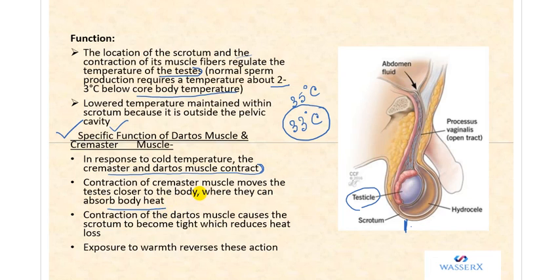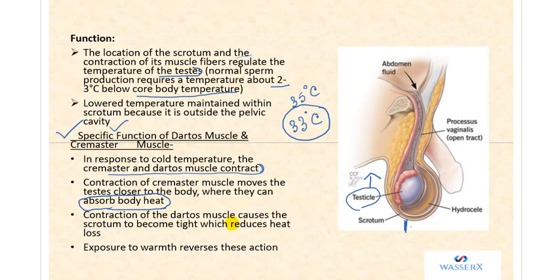So if the temperature outside gets very low, what will happen? These muscles will contract and the testicles will move closer to the body. So what will happen then? It will absorb body heat, right? If it absorbs body heat, then it will be back at the normal temperature at which the sperm will be produced, right?